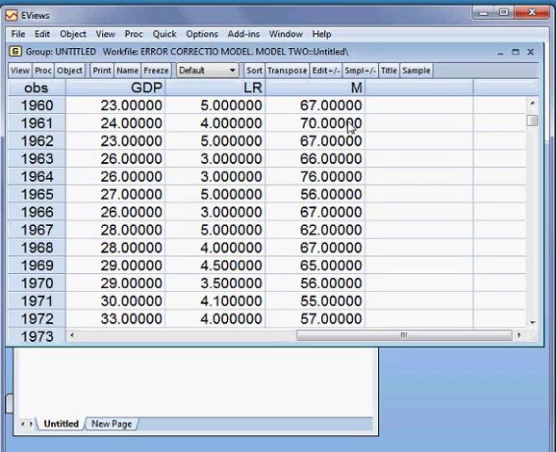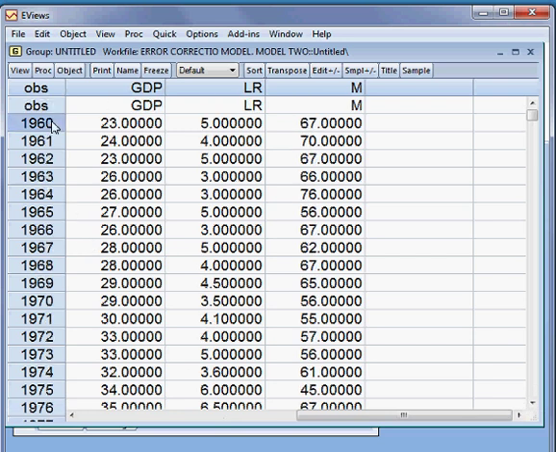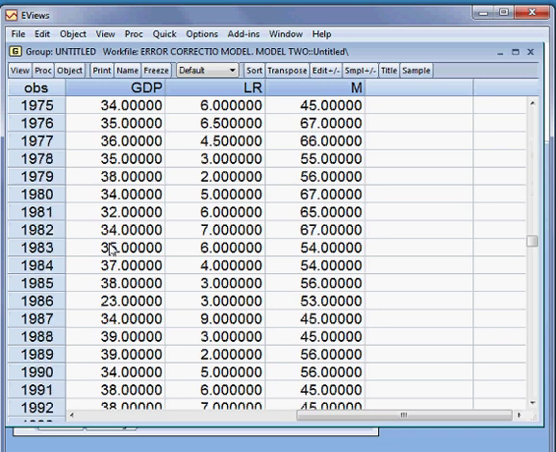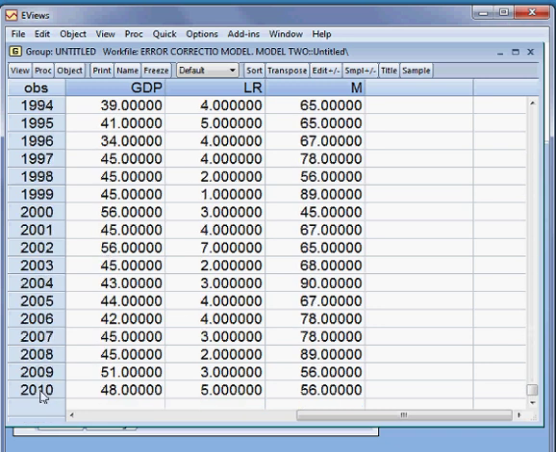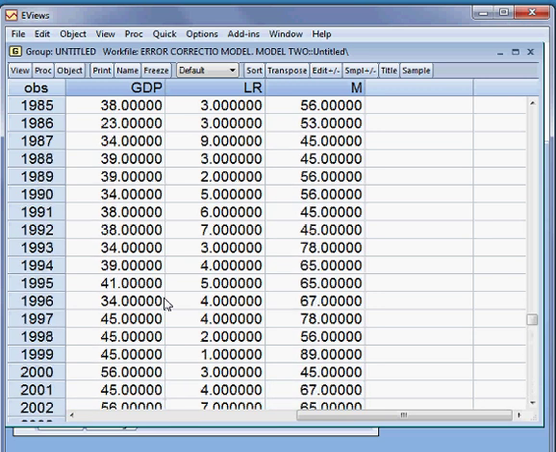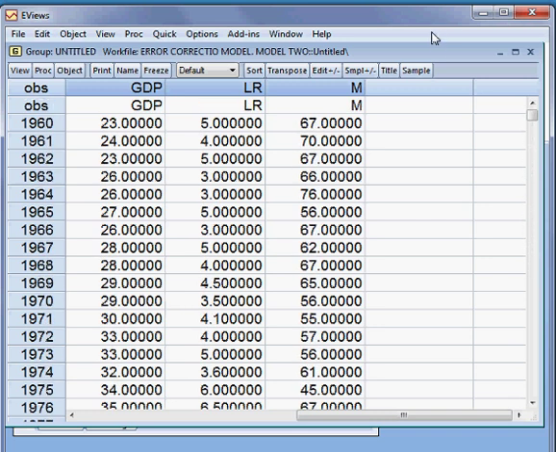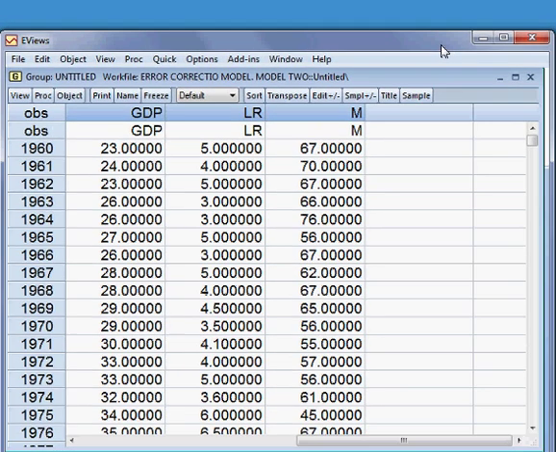Okay, so these are the variables from 1960 until 2010. That is our data, our variables for this model.